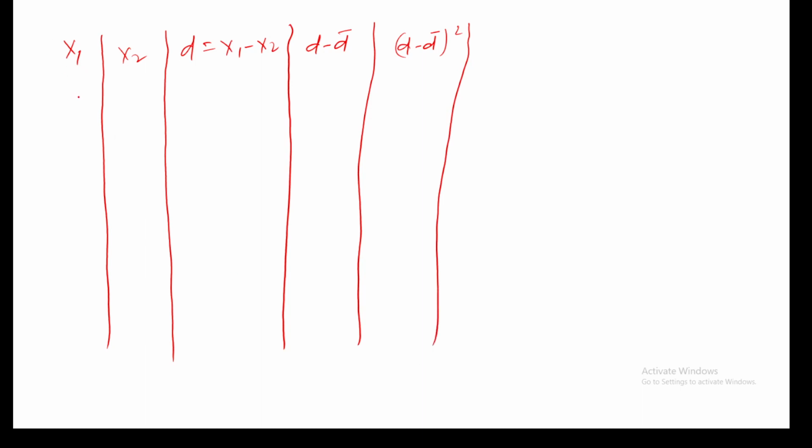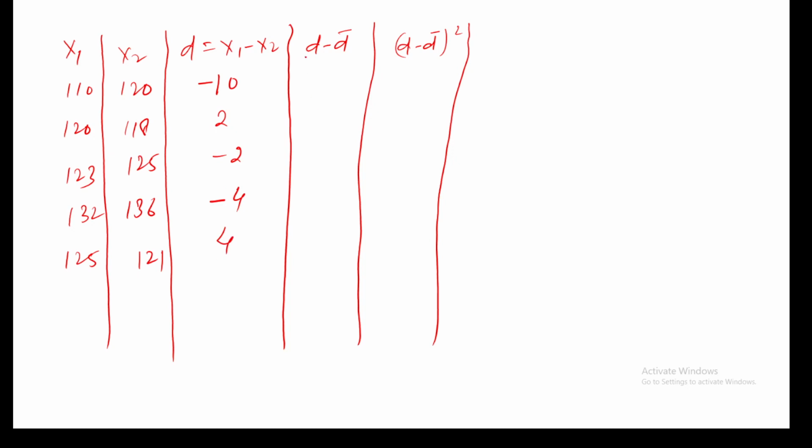What is the first one? 110, 120, 123, 132, 125. Second one is 120, 118, 125, 136, 121. So what came? It came minus 10 for x1 minus x2. It came around 2, minus 2, minus 4, minus 4.